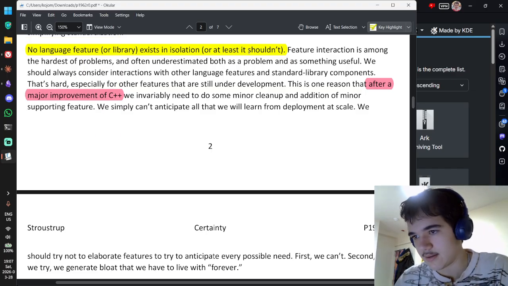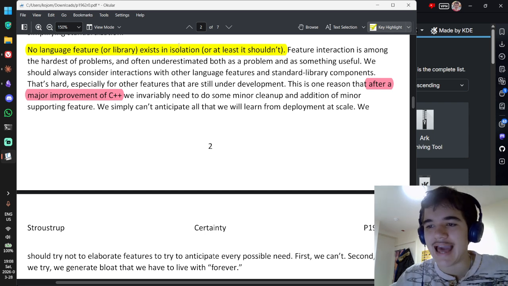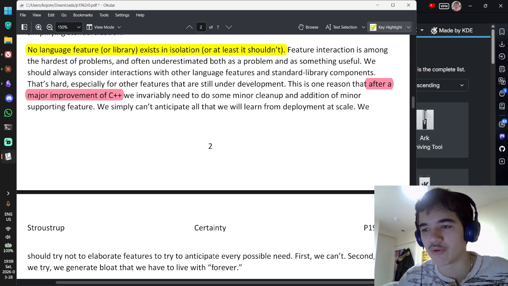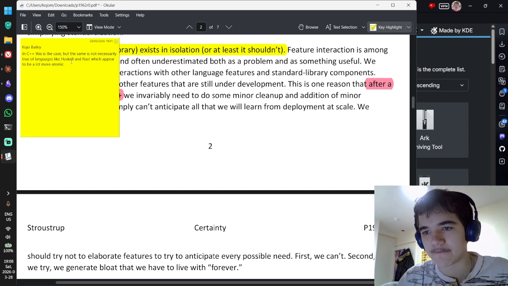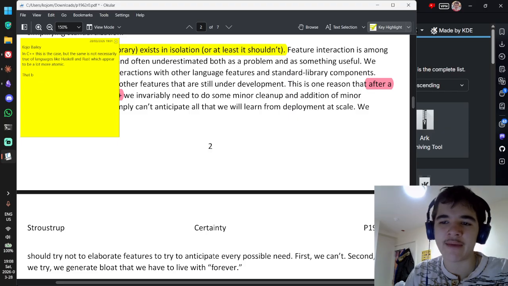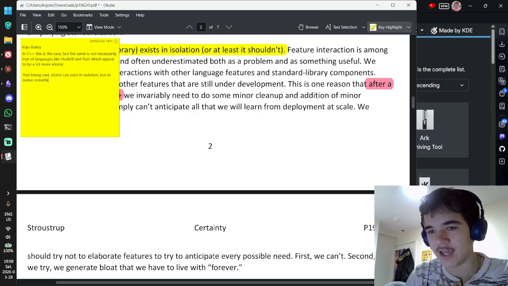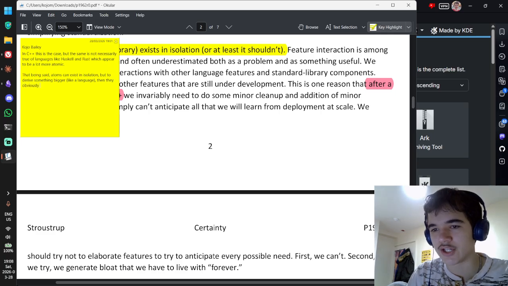C++. Even then, atoms can exist in isolation, but to derive something bigger, like a language, then they obviously do not.